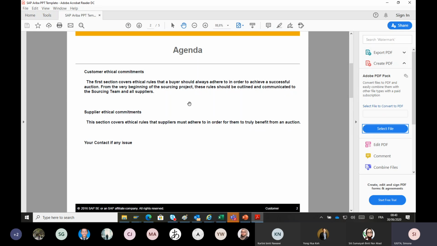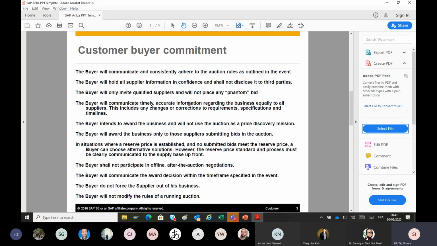This document states the customer ethical commitments and the supplier ethical commitments. It's a 2-page document.